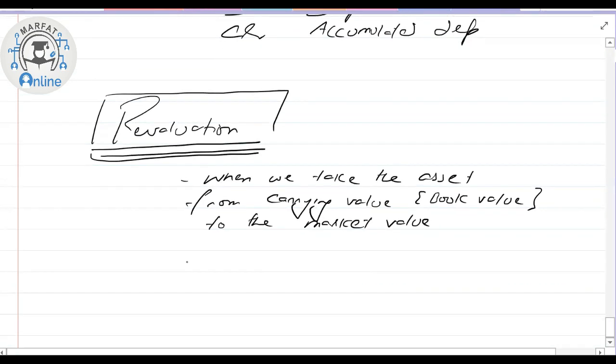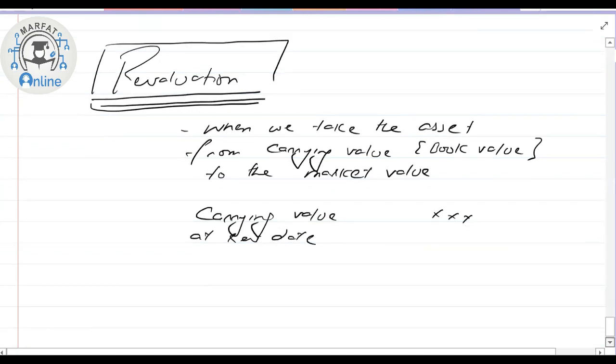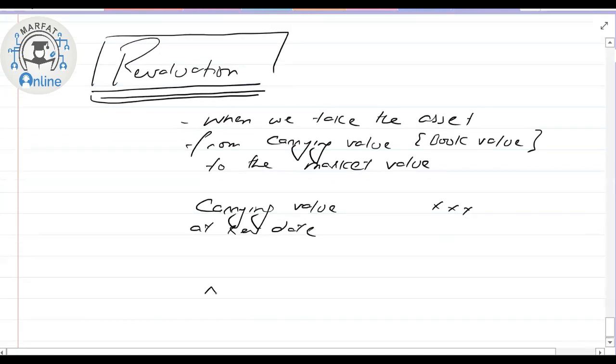So whenever we are doing revaluation, we take the carrying value at the revaluation date, the date we are taking the asset to the market value, and then we take the market value at that particular date, which is the fair value.